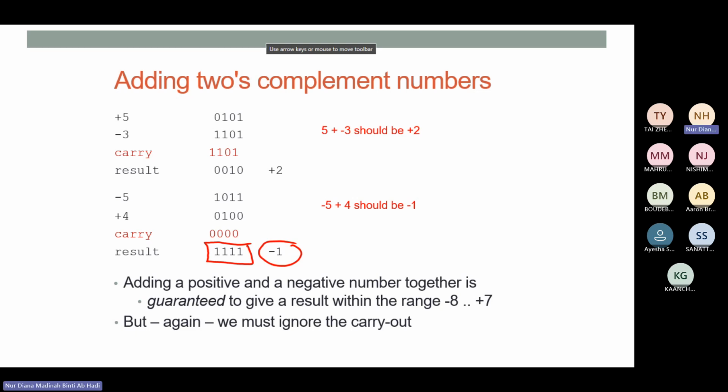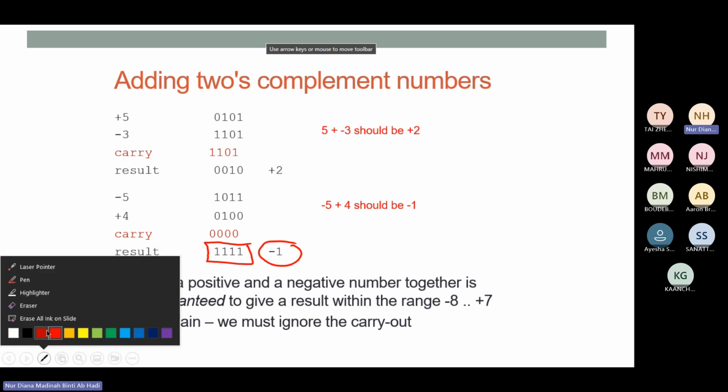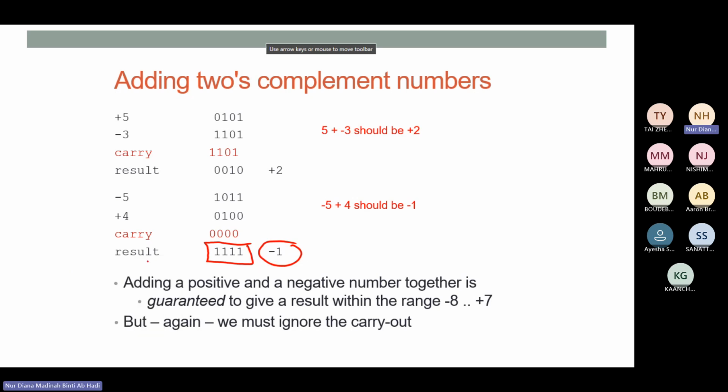Okay. So the result of this one is actually a negative number in two's complement. To find out what number it represents, we have to reuse the formula I taught to convert it back to the normal value, from 1 1 1 1. We need to do the reverse way.